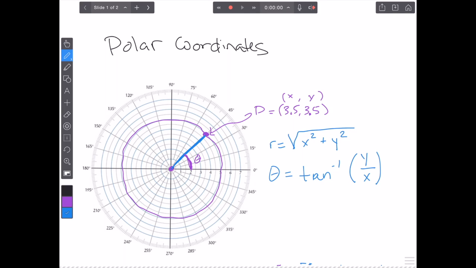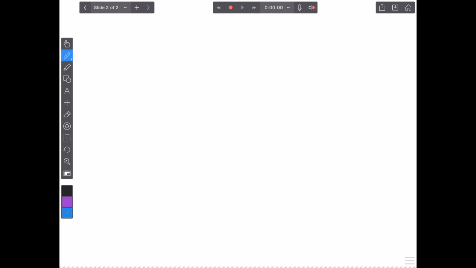And so the advantage of doing this is it allows us to describe certain functions that would be very complicated in x and y using simpler parameters. Just to give you some examples, let's pull up a new page here.